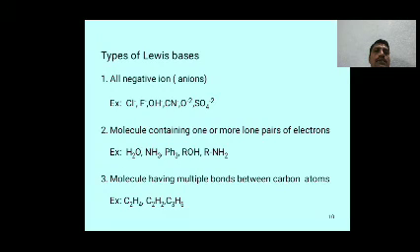To summarize: all negative ions, that is anions, Cl-, F-, OH-, O2-, SO4 2-. Molecules containing one or more lone pairs of electrons on the central atom: H2O, NH3, PH3, ROH, RNH2, ROR.